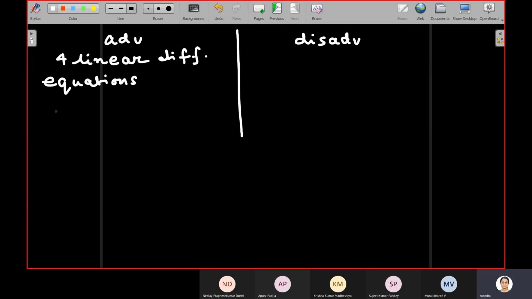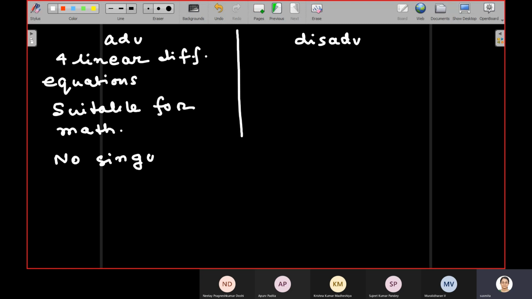Okay, this is suitable for mathematical computation. No singularity. Now, unlike the coordinate transformation matrix where we have to deal with 9 elements, here we have 4 elements. Okay, so this is a compact representation compared to the coordinate transformation matrix.